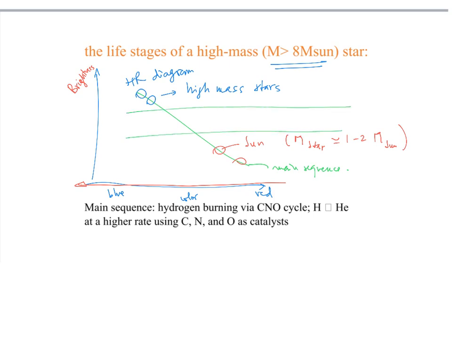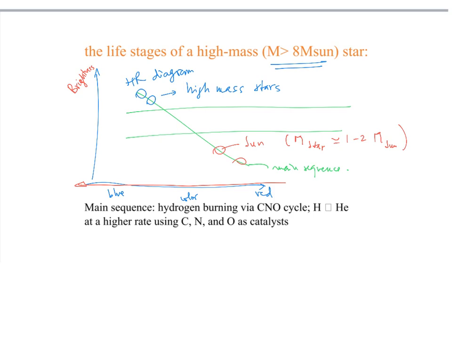They do some different things. The highest mass stars proceed to fuse increasingly heavier elements than the lower mass stars were able to produce. So we're going to see how that happens.